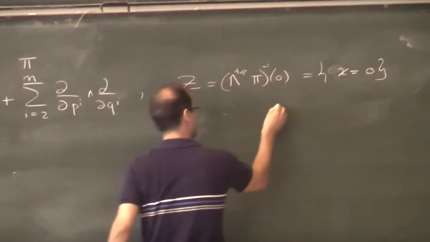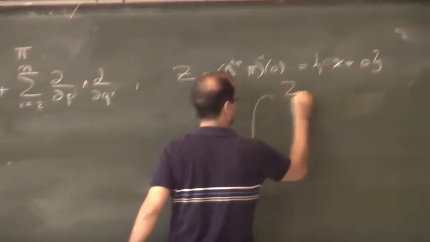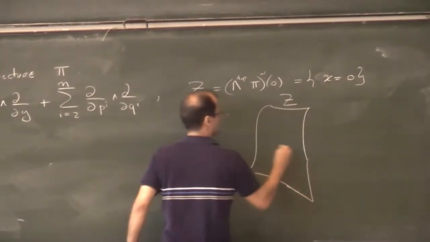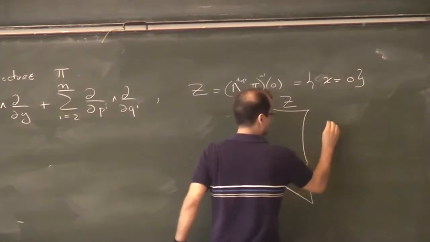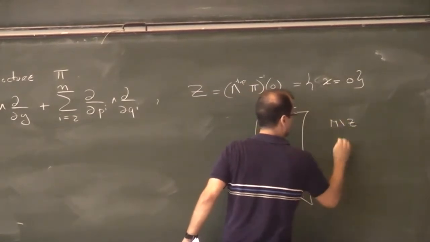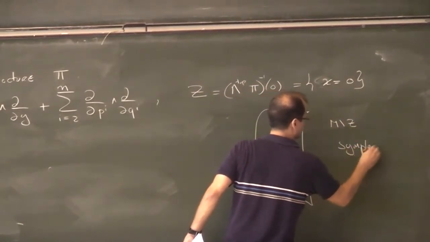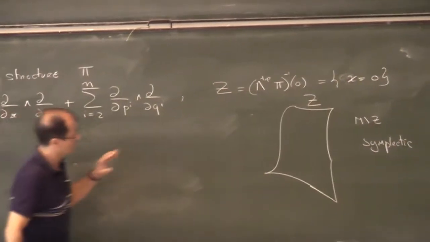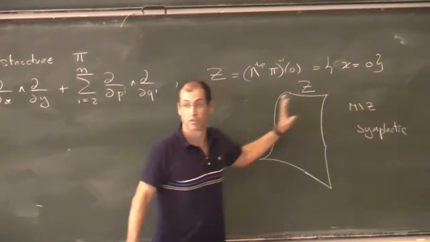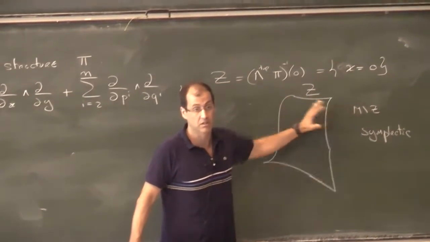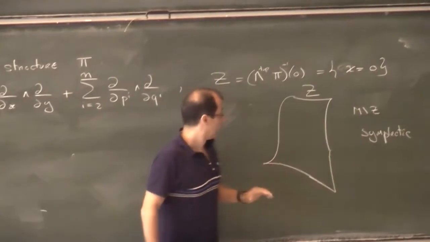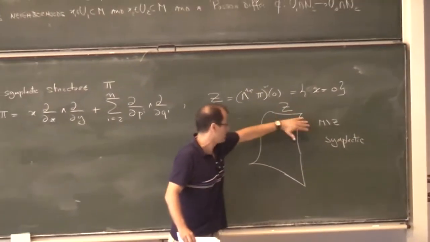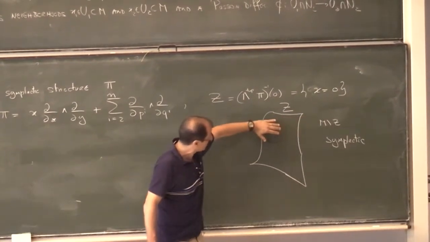We have a codimension 1 submanifold, Z. Outside Z, this is symplectic. So the leaves of this block Poisson structure are the complement of Z, which may be connected or disconnected, and the connected components will be symplectic leaves.